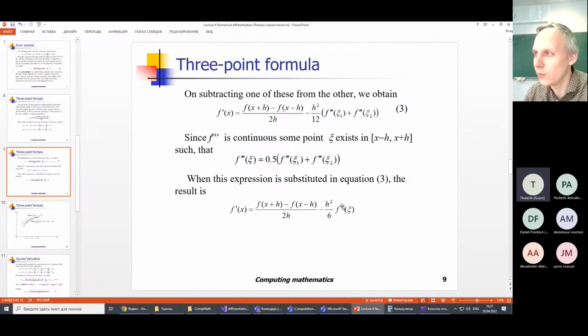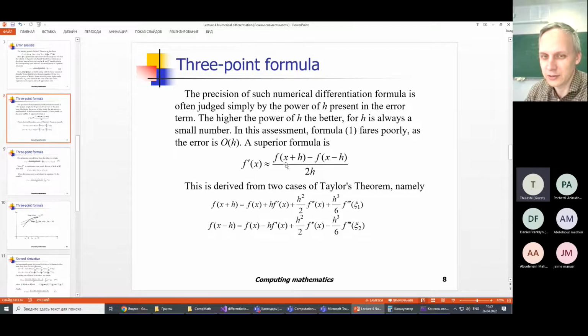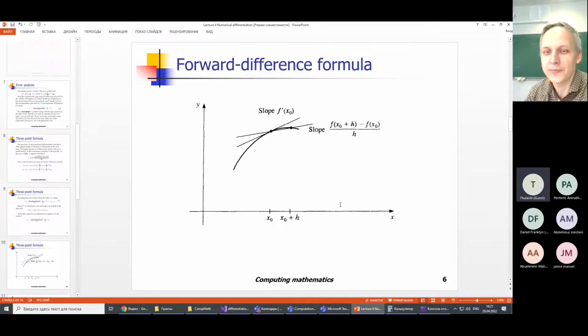Is it clear why we see these values? We see these values because the derivative of the function equals 0. As far as the derivative of a function equals 0, this term equals 0, and the 3-point formula gives us the exact answer.